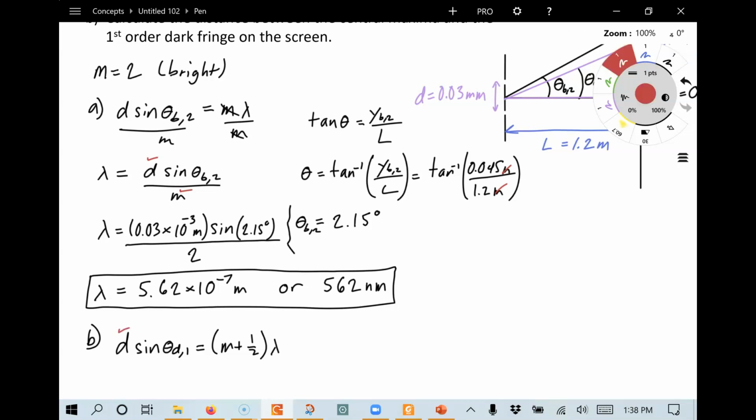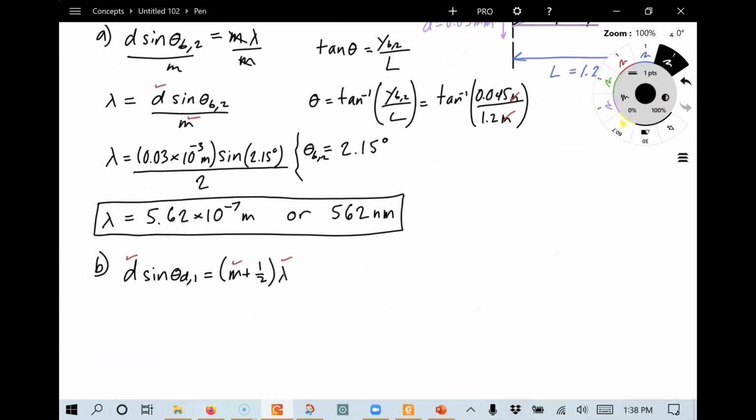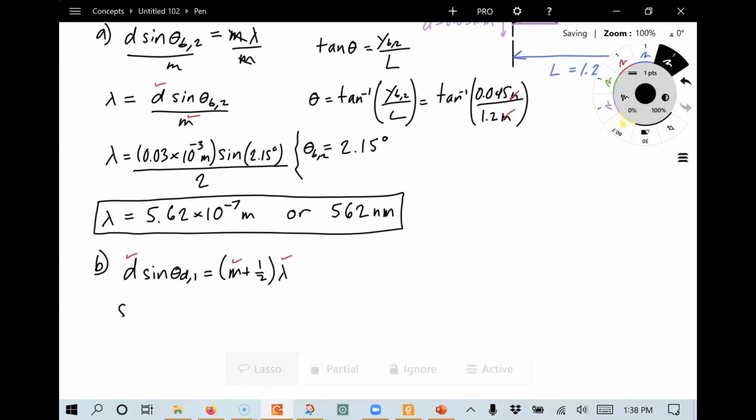You've got d, we know what m is, we know what lambda is. We just need to go ahead and solve for the angle. So doing a little bit of algebra here, we're going to get sine of theta dark 1. I'm going to divide both sides by d, so I'm going to end up with m plus 1/2 lambda divided by, oops, not 2, d.